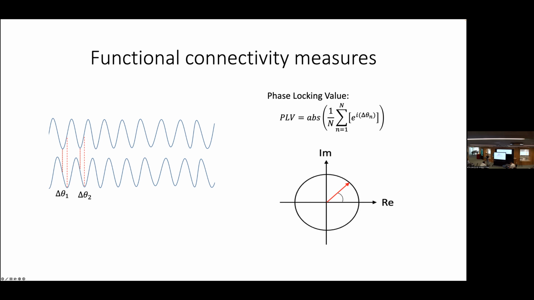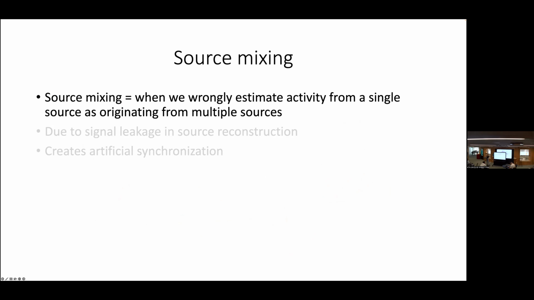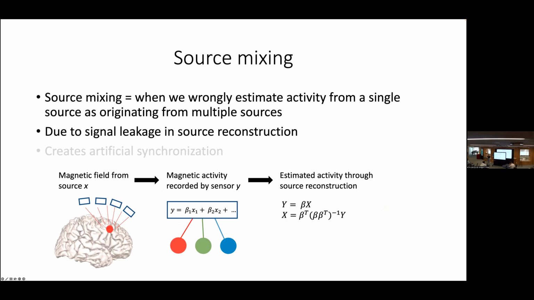The one major problem that we have is source mixing. Source mixing is when we wrongly estimate activity from a single source as originating from multiple sources. And this happens due to signal leakage in the source reconstruction. So you have your source that's generating a magnetic field that's picked up by multiple sensors around.